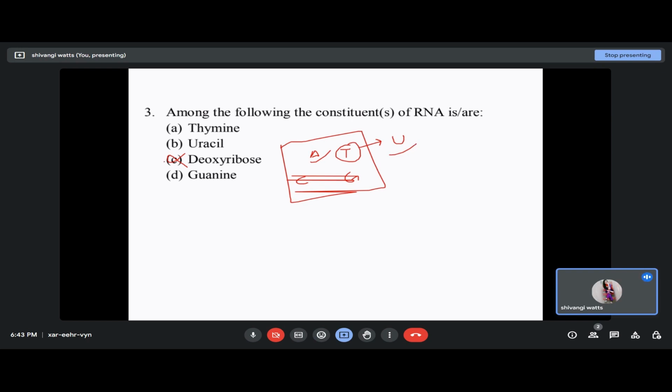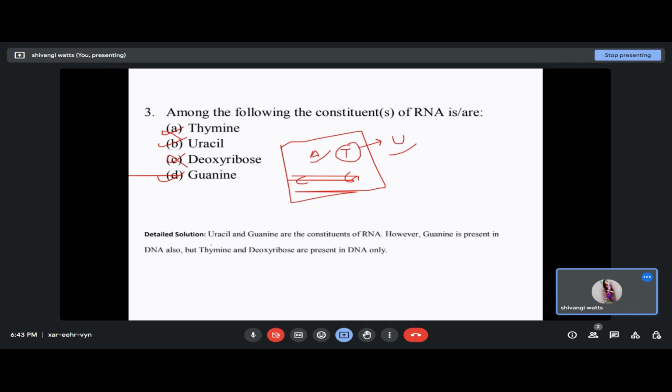So among all, thymine is not present in the RNA, uracil is present, and guanine is present. So B and D is the right answer. Uracil and guanine are the constituents of RNA. However, guanine is present in DNA also, but thymine and deoxyribose are present in DNA only.